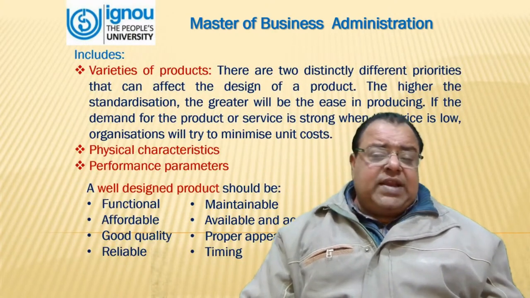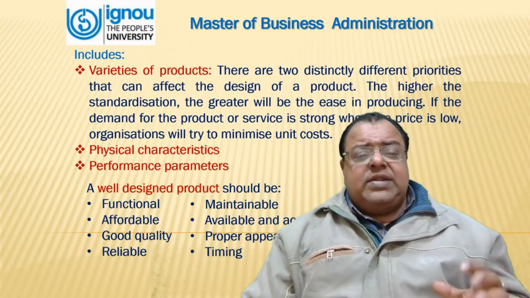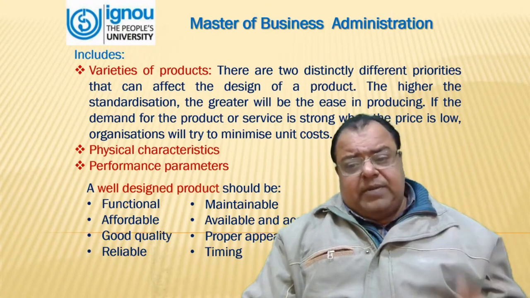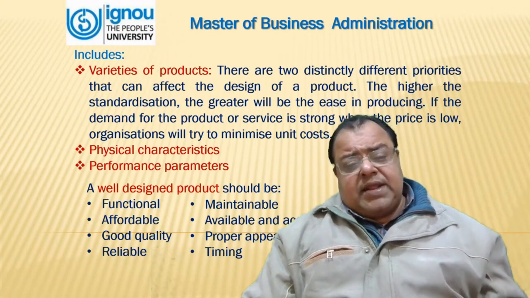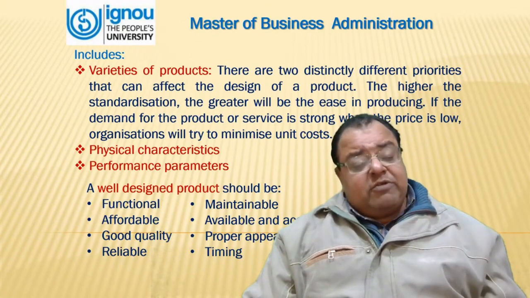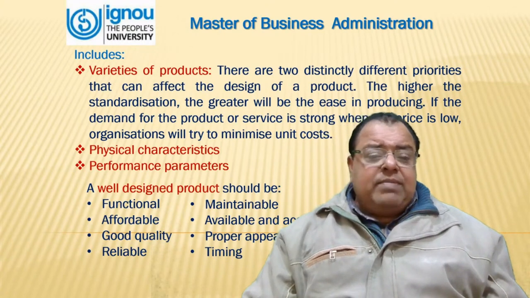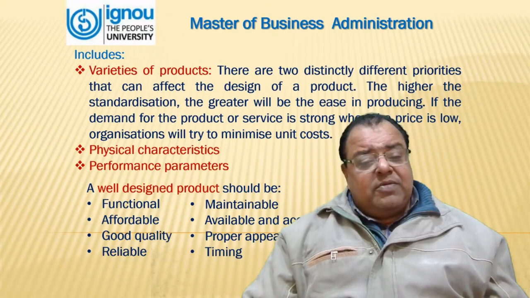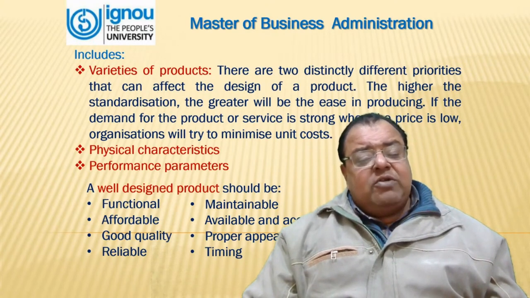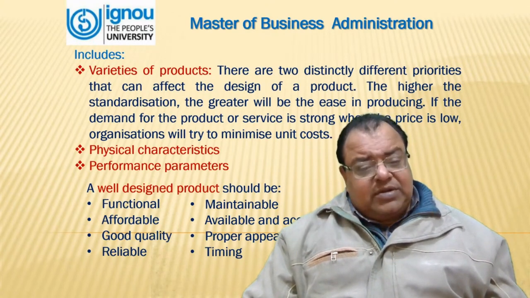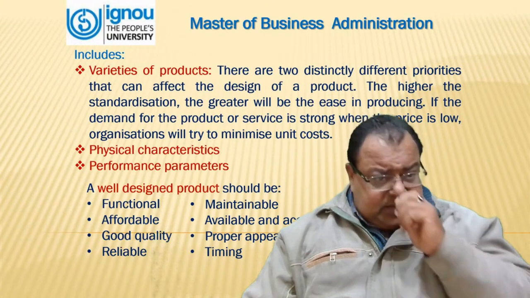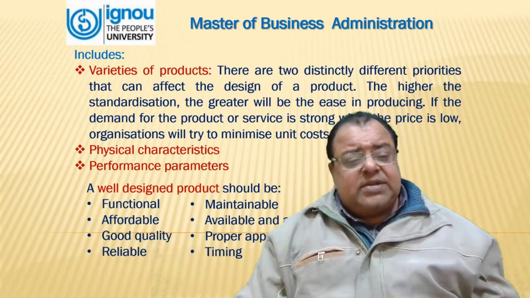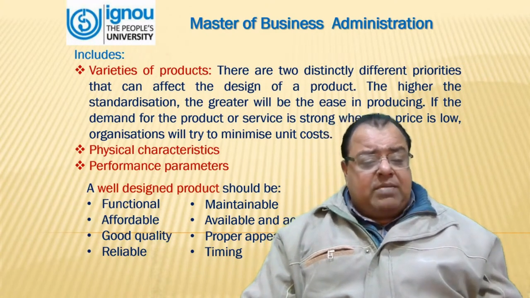There are two distinctly different priorities that can affect the design of a product. The higher the standardization, the greater will be the ease of producing. If the demand for the product or services is strong, then the price is low. Organizations will try to minimize unit costs. Second includes physical characteristics. Third one is performance parameter.